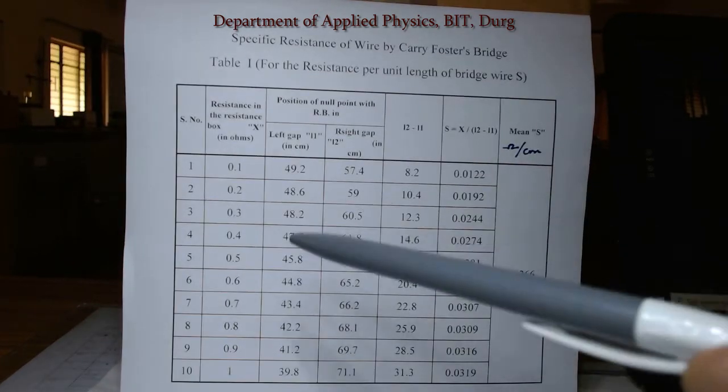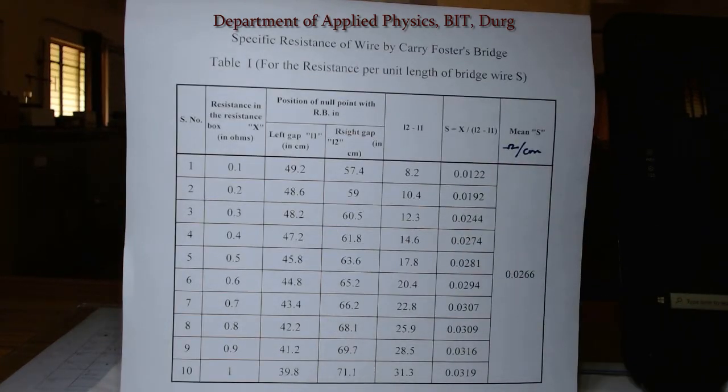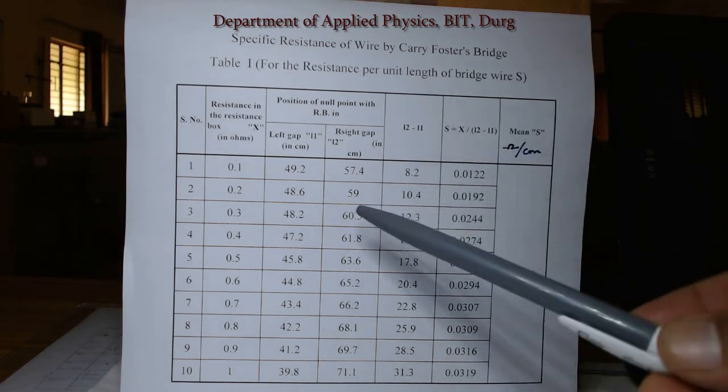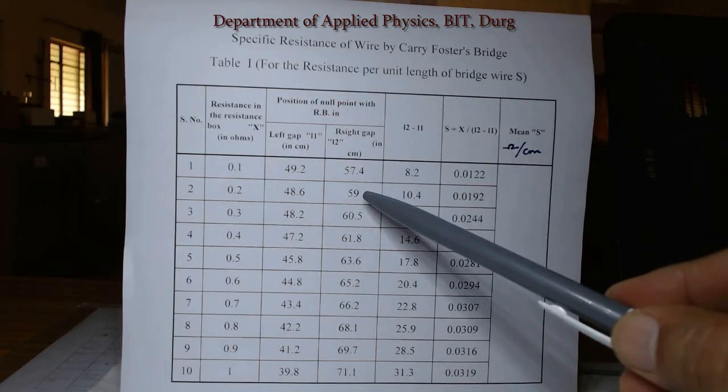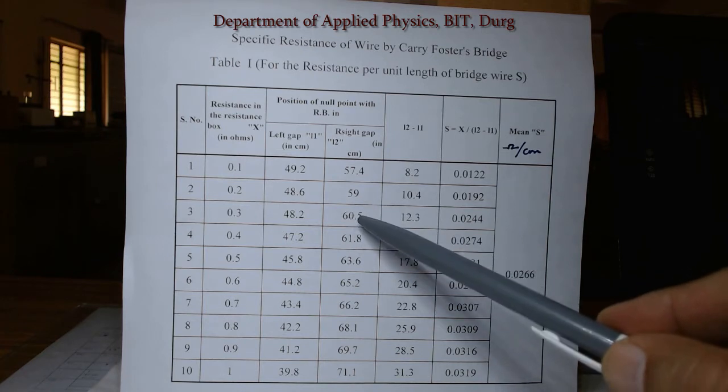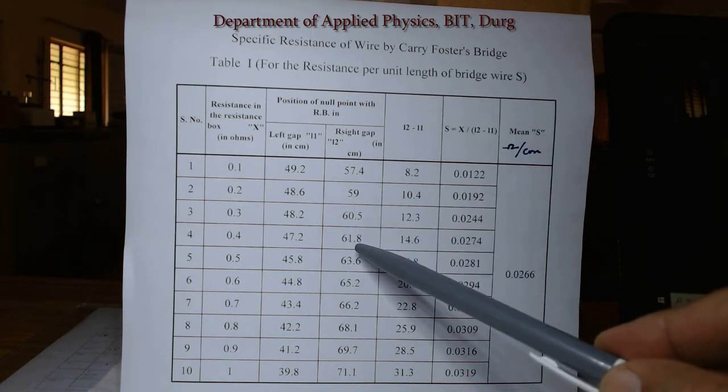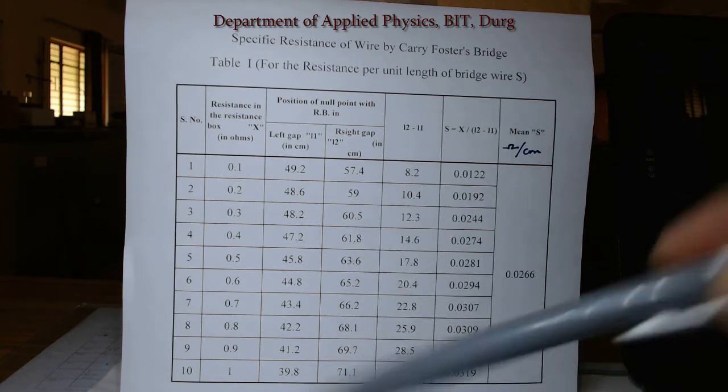When I interchange the position of the resistance box and the copper strip, then the resistance box came in the right gap. So for the same 0.1 I have taken the reading 57.4, for 0.2 59, for 0.3 it is 60.5, 0.4 it is 61.8, and so on.